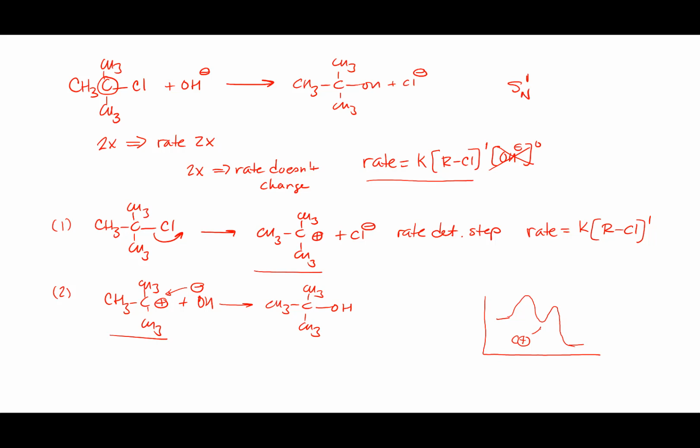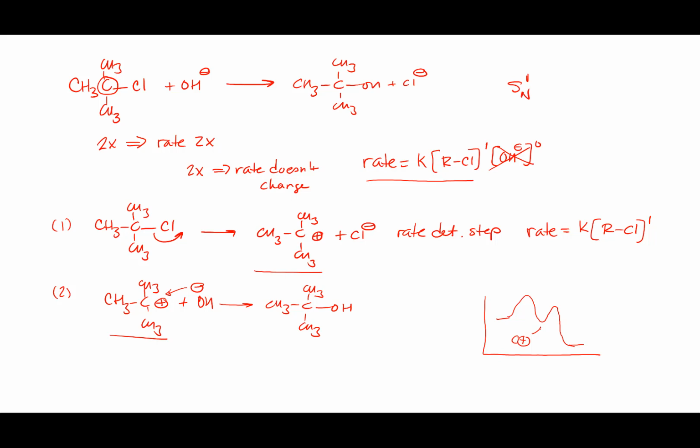Well, then you have to go through and say, do I have any evidence that that intermediate exists? And people spent a lot of time in the 60s looking at carbocations. A lot of time. Trying to show that they existed, and then what their structural parameters were.